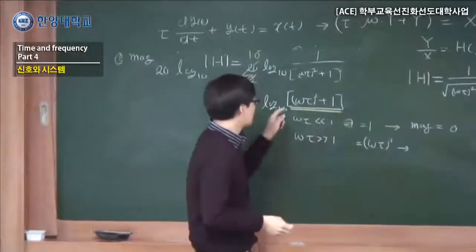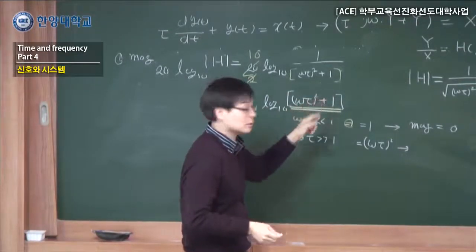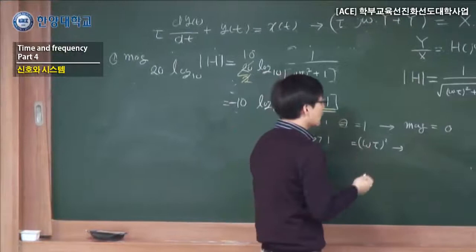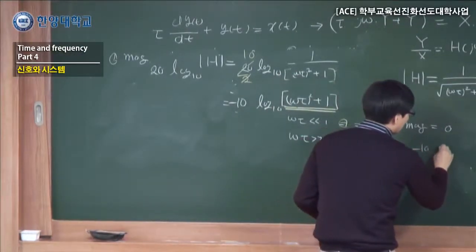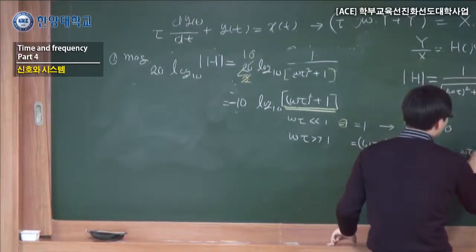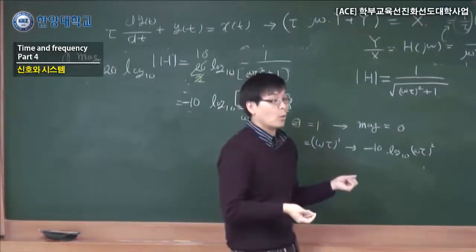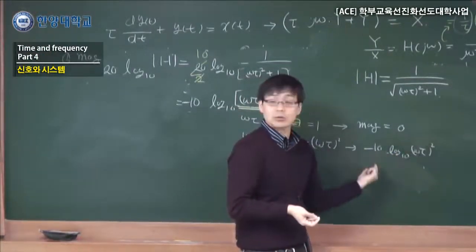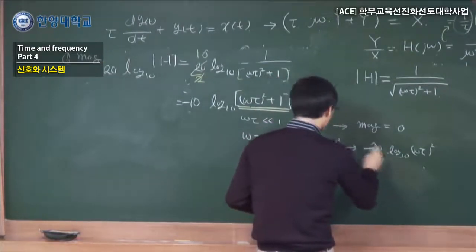In the other case, the total value over here is omega tau squared, to the power of 2. So there will be minus 10 log 10 omega tau squared. And then, why not take this 2 to the front side? So there will be 20.